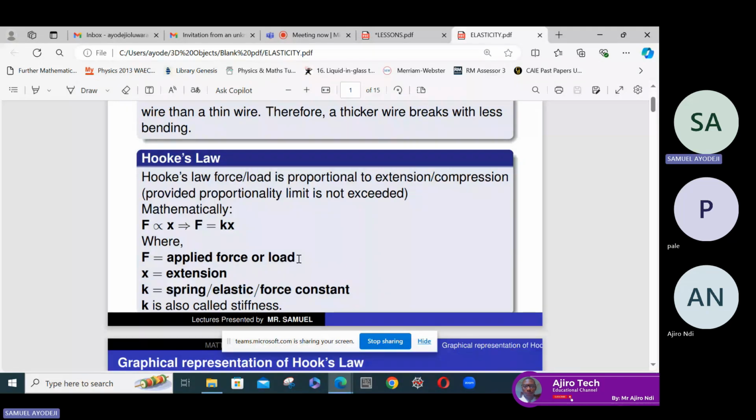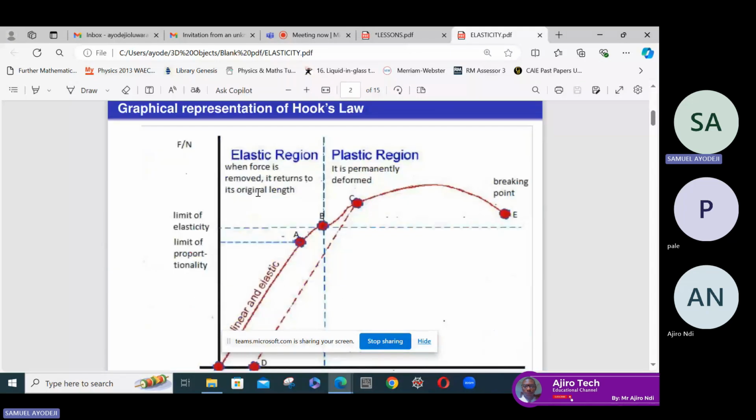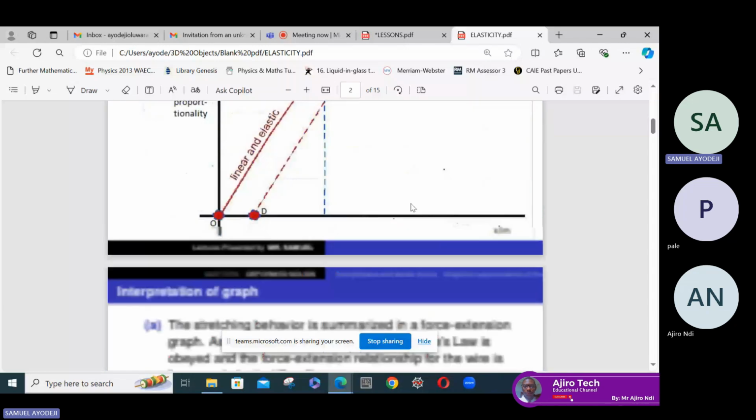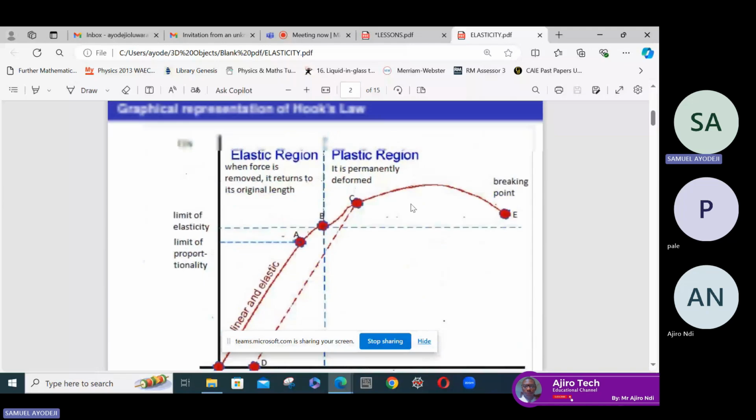Applied force equals the constant times extension, and the constant is also called stiffness. Let's now look at this particular graph. We have what is called the elastic region and the plastic region. If you keep on stressing an elastic material for long, you discover that it becomes inelastic.